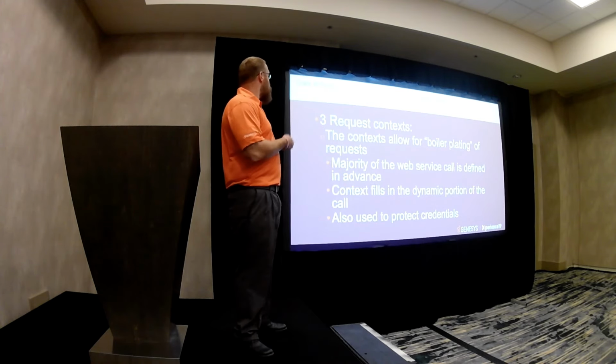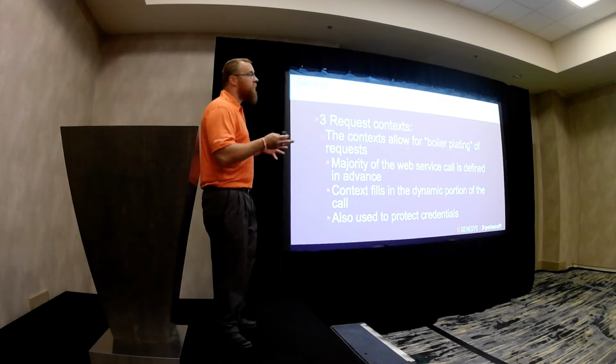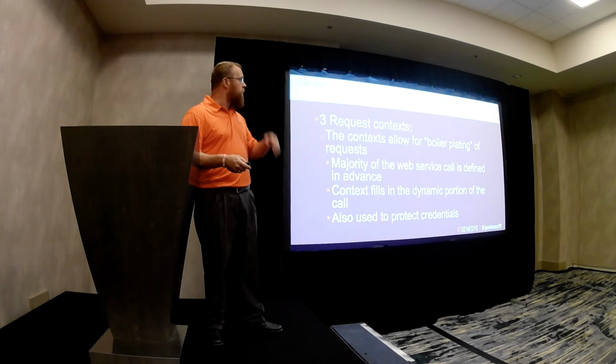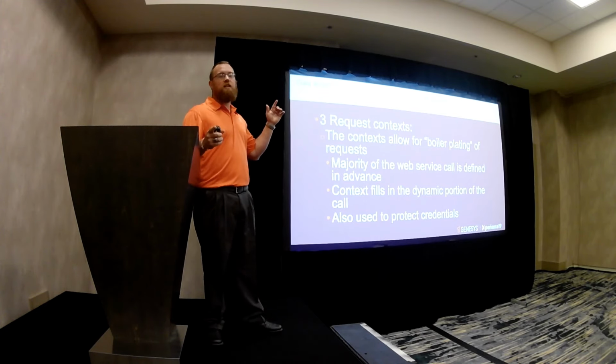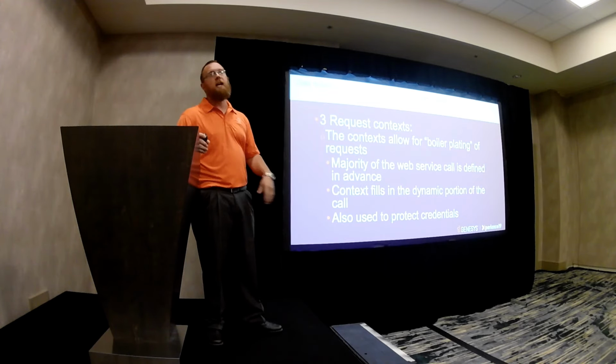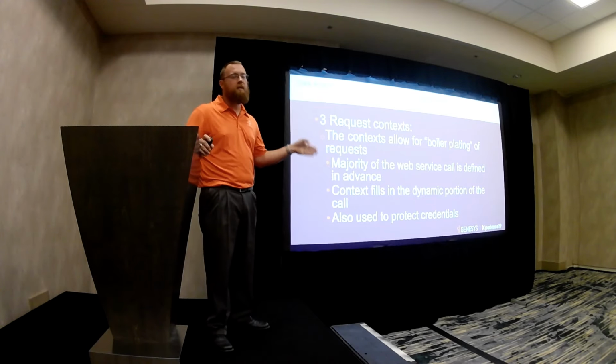Okay, so the contexts are what allow us to boilerplate a bunch of our requests. If you remember back to our example from Salesforce, 90% of that URL that we were filling out was already done for us. We were saying, we want you to return all of these different values. We're searching this particular API endpoint.